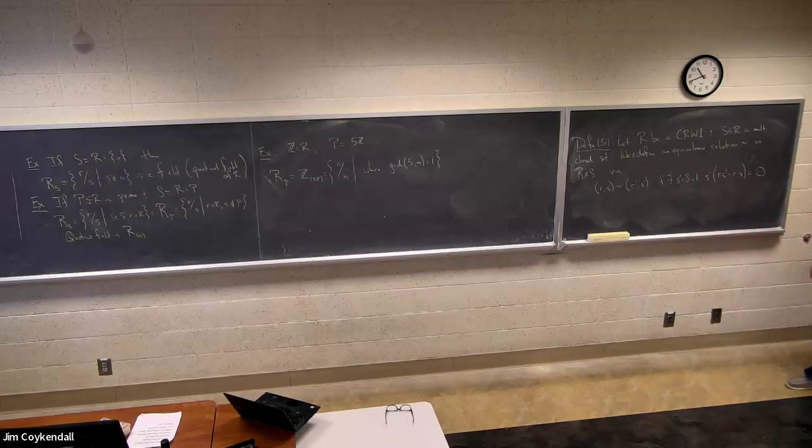Now, you guys have got to slog through this in homework, and my apologies. But it's not completely clear that this is an equivalence relation. I guess symmetry probably is, and something is equivalent to itself, but transitivity is not clear.